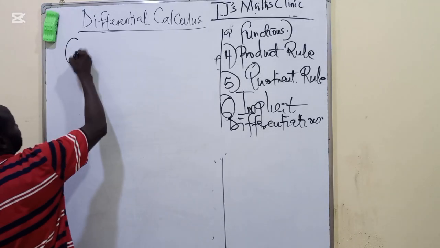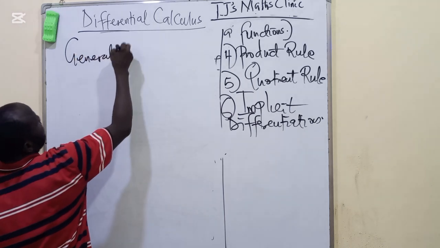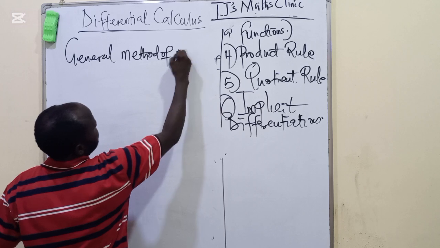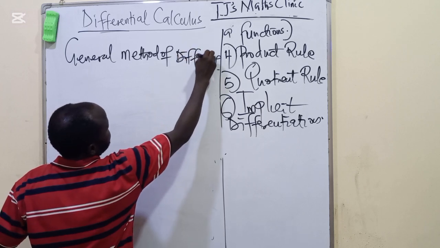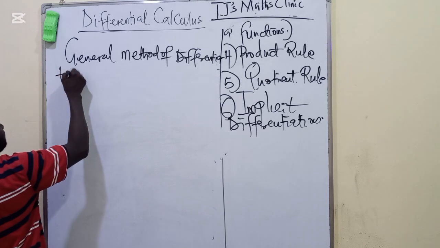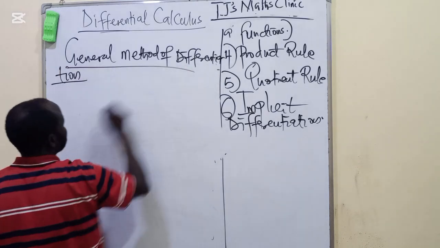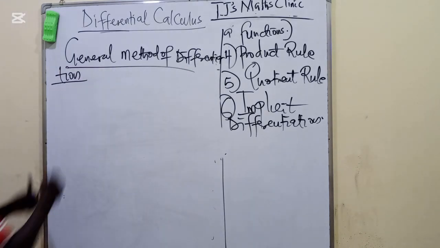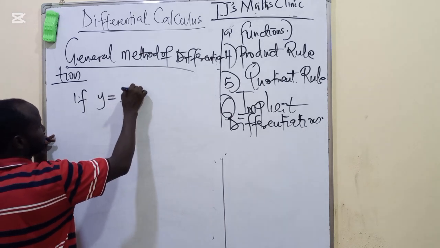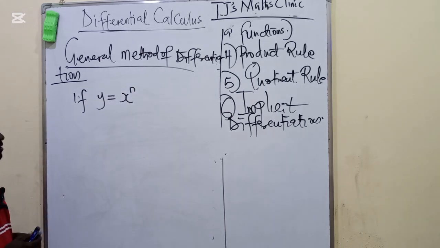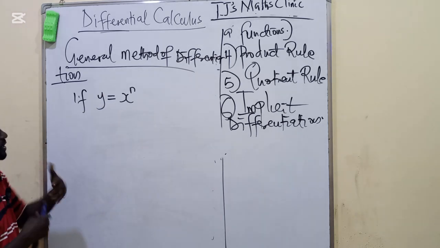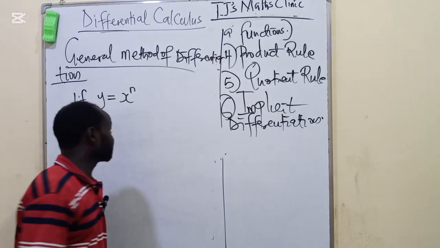The general method of differentiation. Very important. If y is equal to x power n, if we find the derivative of this function, another name for differentiation is the derivative of a function.